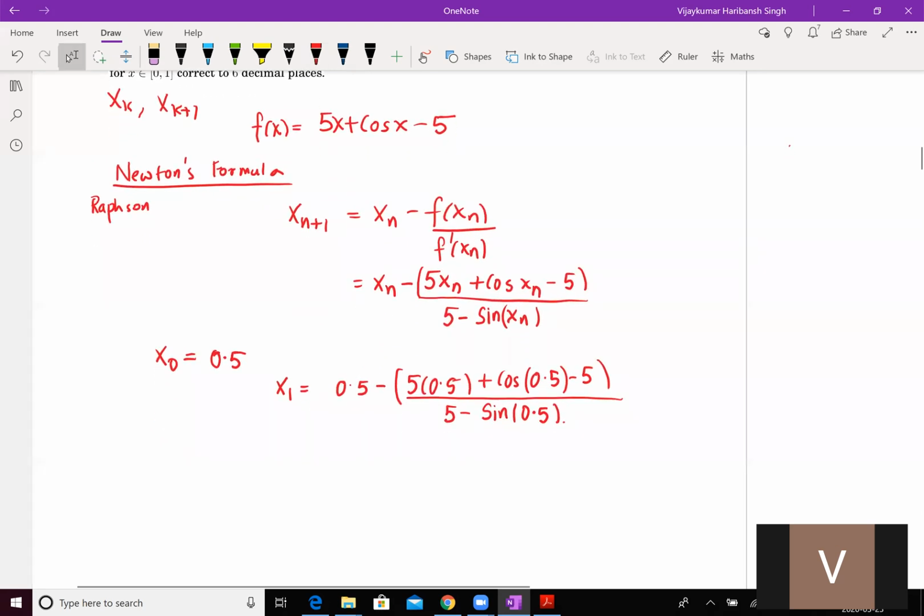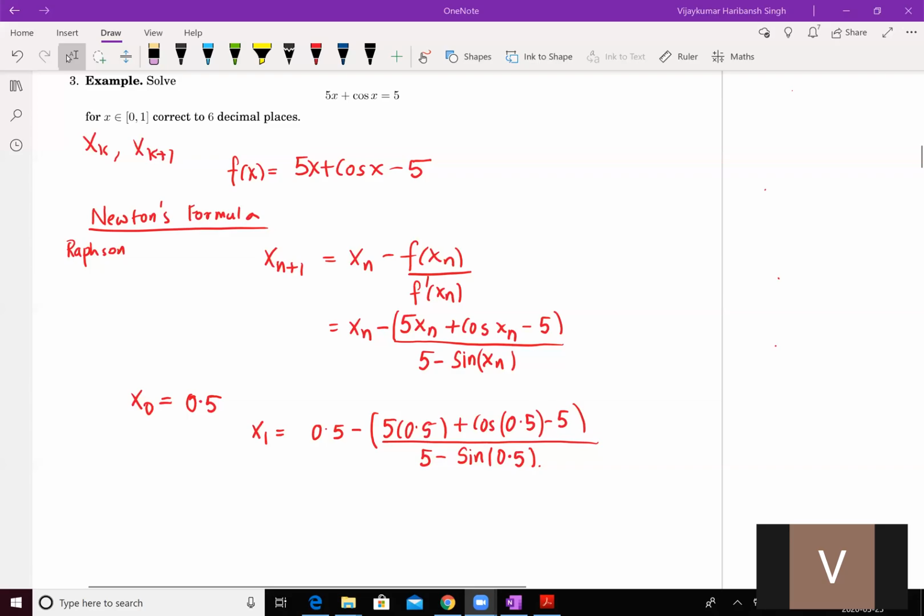You can use your calculator to compute this. So we found that x1, when you do the computation, is going to be 0.858896.